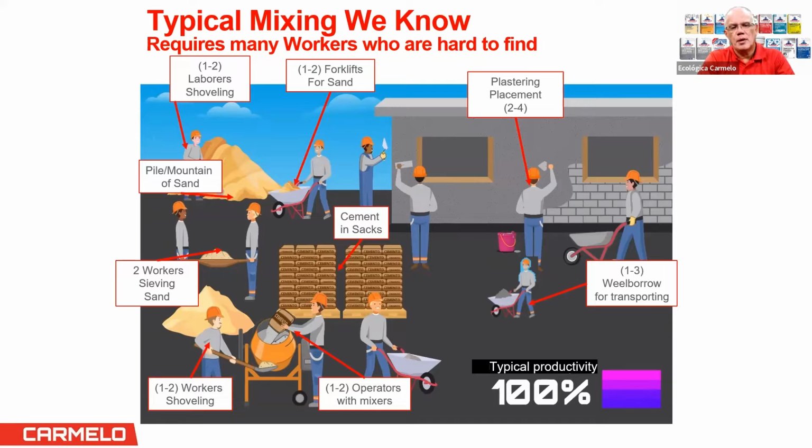And then you have workers taking the material to the people who are doing the finishing or the plastering, right? So you need a group of almost 14 people to do that, and that works typically, let's say, at a production of about 100%.